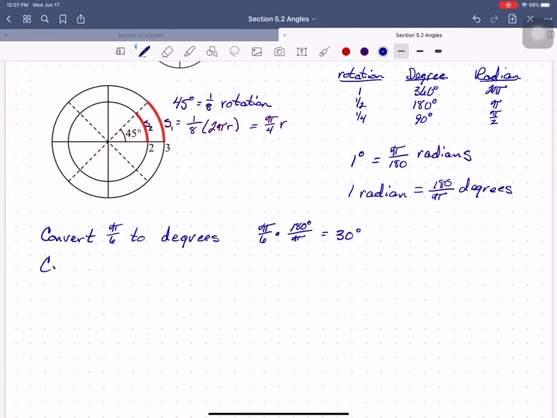Suppose I want to convert 15 degrees to radians. I've got degrees, I want radians, so I will multiply by pi over 180 degrees. And I get pi over 12.